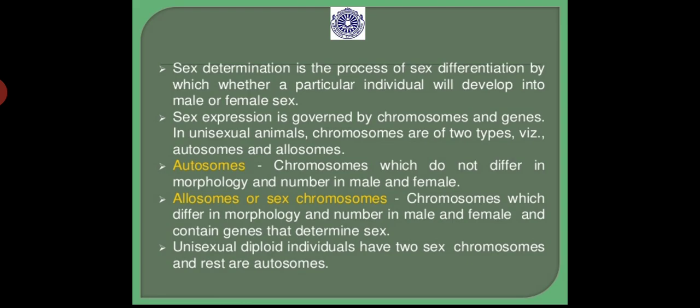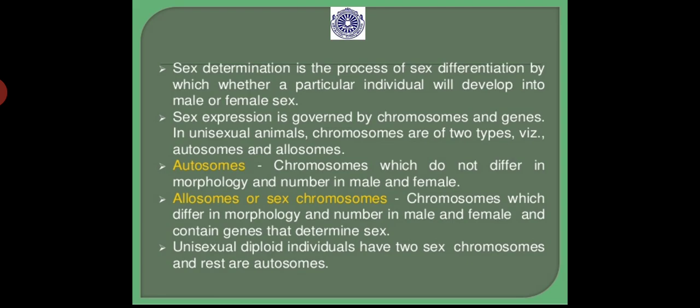Generally these autosomes are also called somatic chromosomes or vegetative chromosomes, as they carry the genes responsible for most of the somatic or vegetative characters of that organism. Then allosomes are the sex chromosomes.